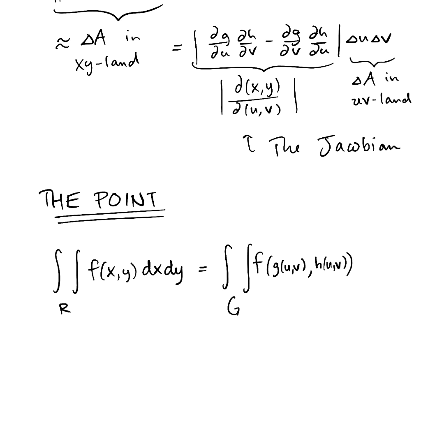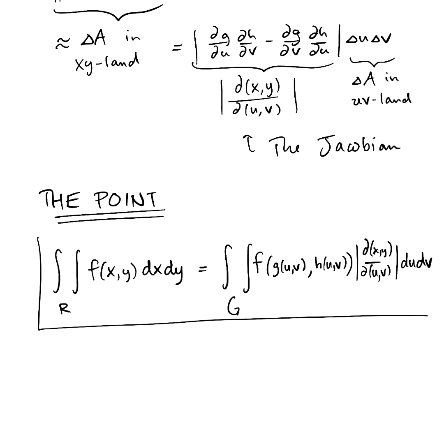And then the dx dy becomes Jacobian times du dv. So this is just our symbol for Jacobian. And now the new letters of integration are du dv. And that is the point.